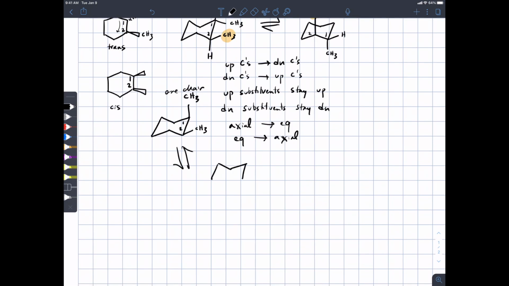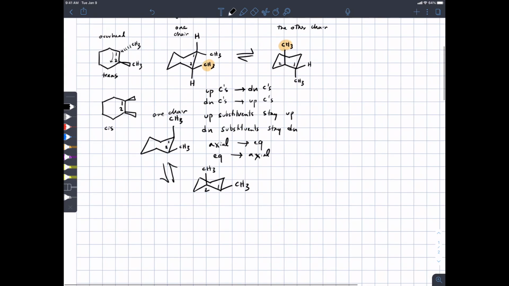I'm going to draw the other chair. Note that up stays up and down stays down. And notice that what I've drawn here for the cis isomer is not at all the same as what I drew up here for the trans isomer. You've got to get that.